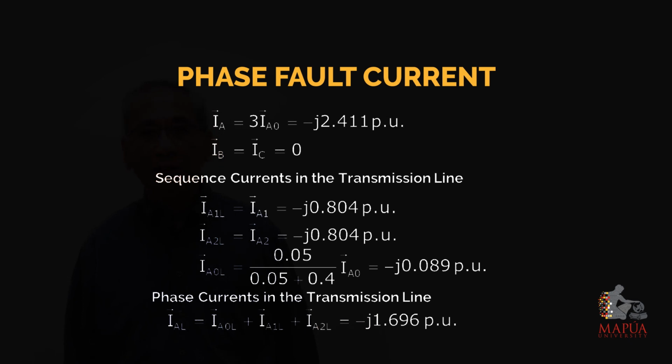Having these sequence currents in the transmission line, we can now solve for the phase currents in the transmission line. IaL is equal to Ia0L plus Ia1L plus Ia2L, and that gives us negative J1.696 per unit.